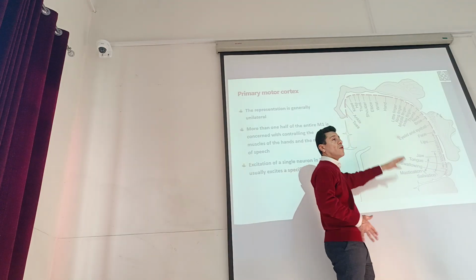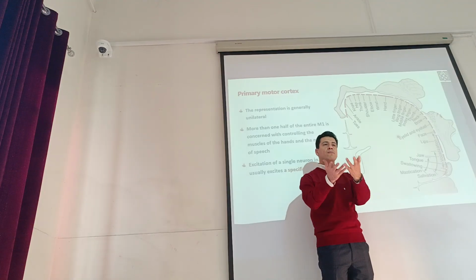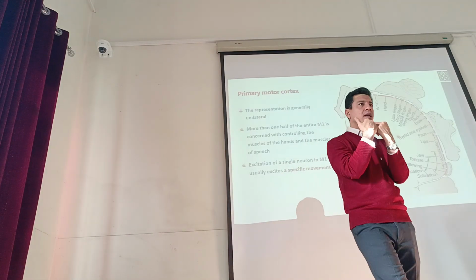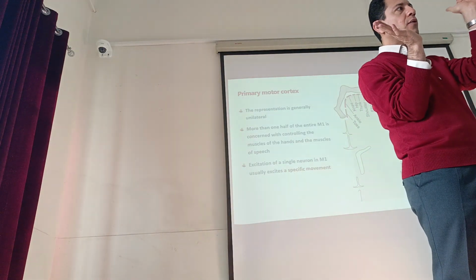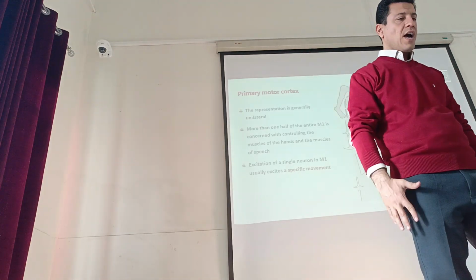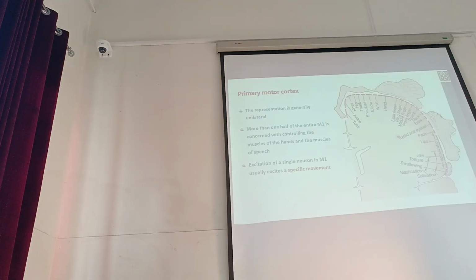But the area for the body, the thigh and the legs, is very small, right? So we have a small face, small hands and fingers, but the cortical region for these areas is very large. We have a large body, but the cortical region that innervates the body is very small.